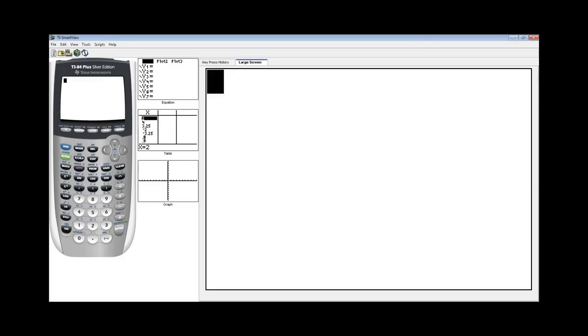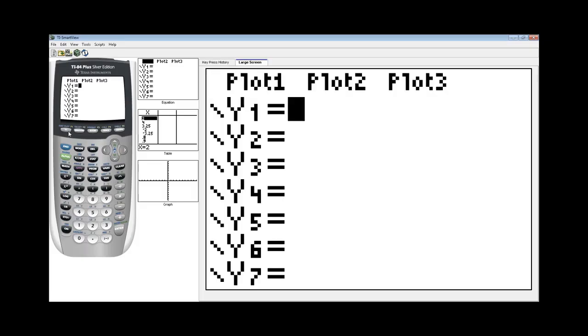Okay, so to graph this system, you want to go to y equals, and you want to make sure there's no equations in there, and we're going to put the 2 equations here. So we'll just start by doing negative. So you want to use this negative symbol for negative 2x minus 3.